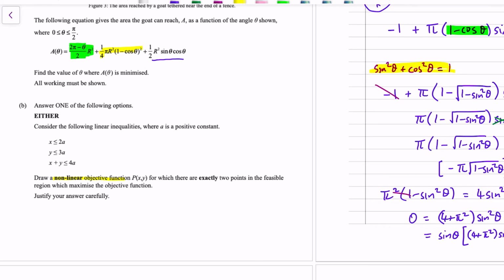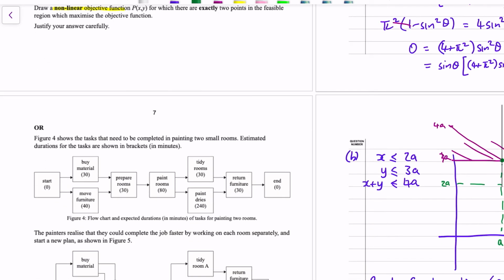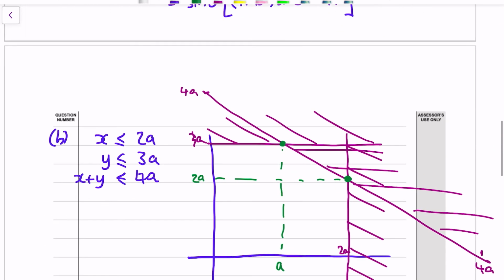So the easiest way to solve that problem is to say, let's say these two coordinates we've got are the maximums. Then if we have a nonlinear objective function like this, those will be the last 2 points that are reached in the feasible region. So they must be the optimal points. So that's the example that we need to give, and that is the answer.